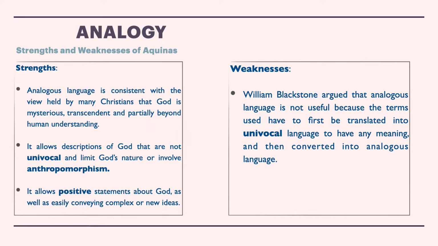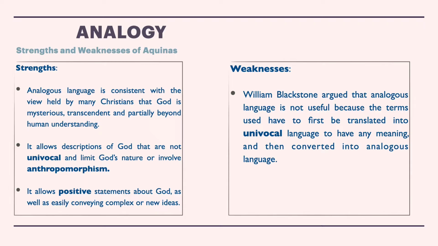And here, William Blackstone argued that analogous language is not useful. He disagreed that the use of analogy is helpful because the terms have to first be translated into univocal language to have any meaning, and then they get converted into analogous language afterwards.